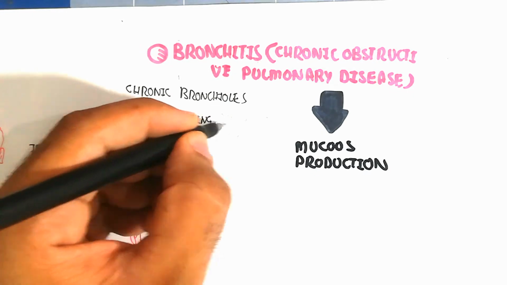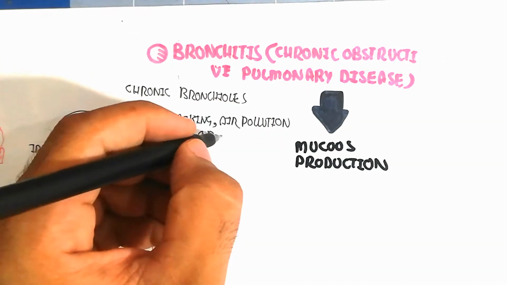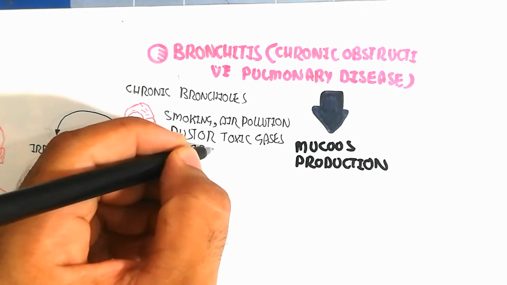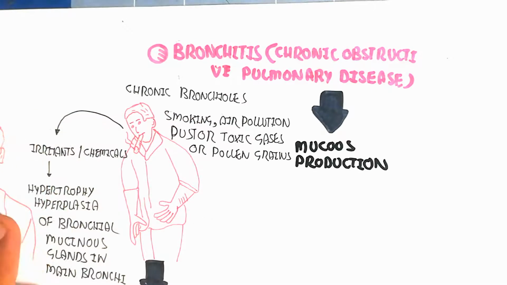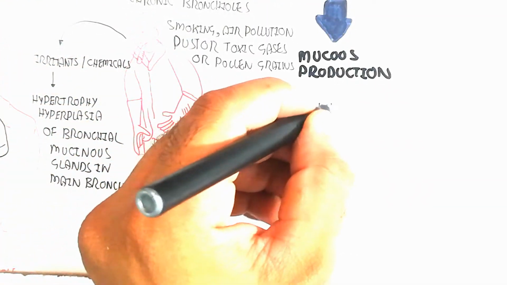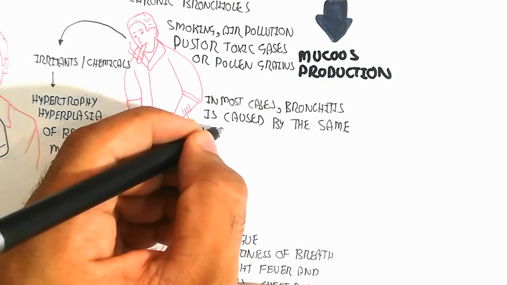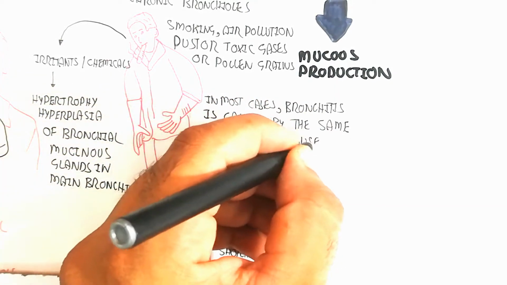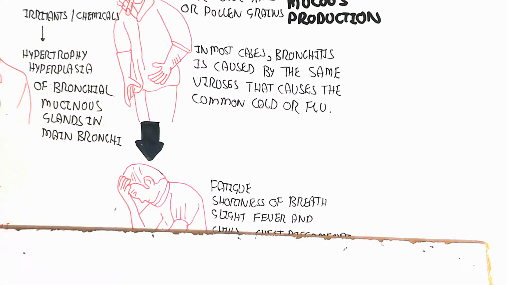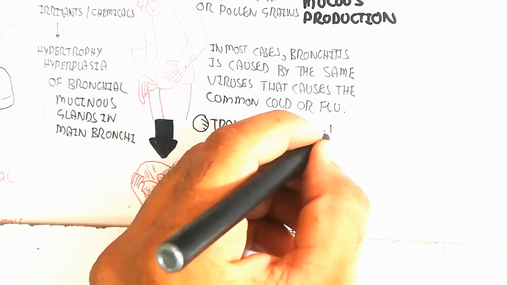Chronic bronchitis is due to smoking and air pollution, for example gases, dust, toxic gases or pollen grains. In most cases, bronchitis is caused by the same viruses that cause the common cold or flu. So pollen, viruses or bacterial infection lead to bronchitis.